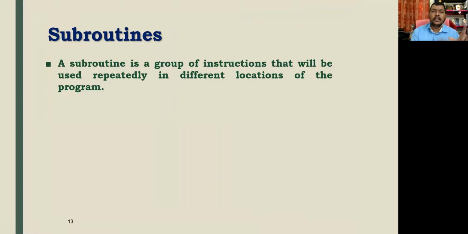So to reduce the length of the program, we write that particular set of instructions somewhere else, and we call that instruction in the main program. Call those group of instructions in the main program.